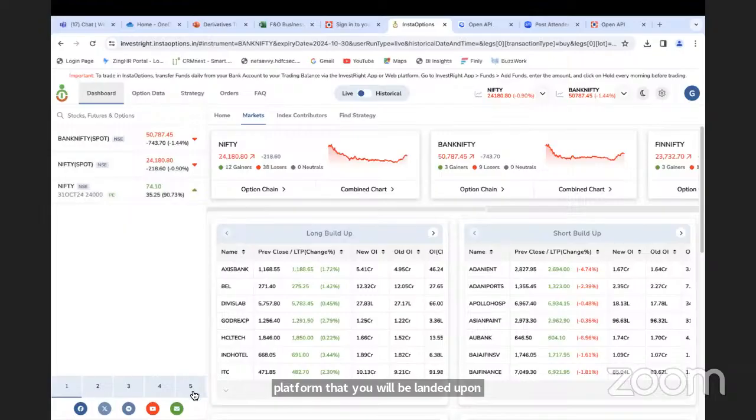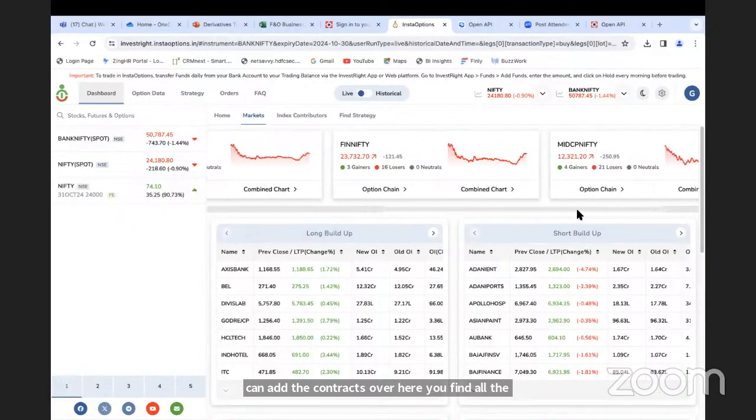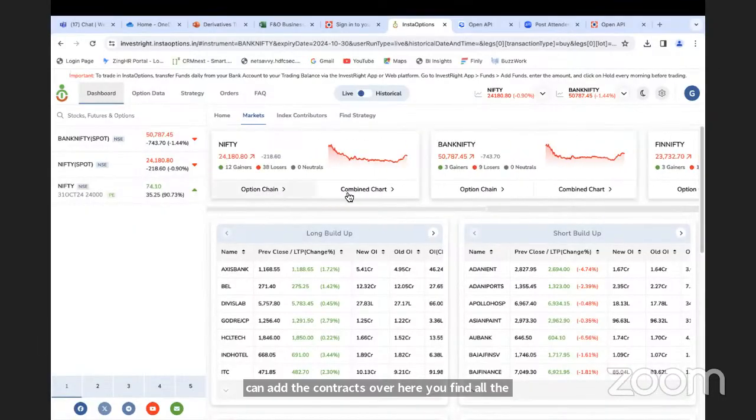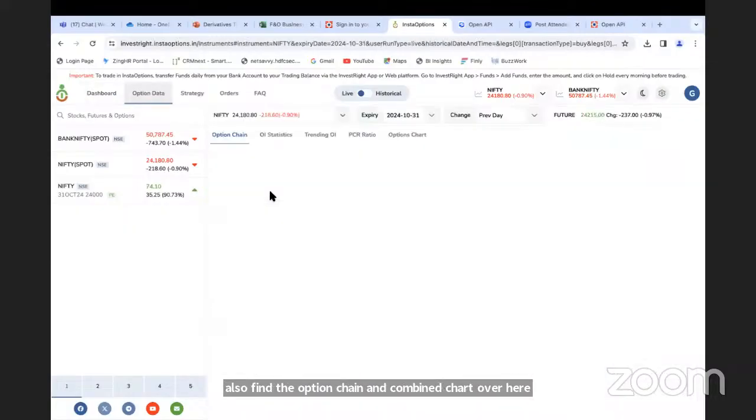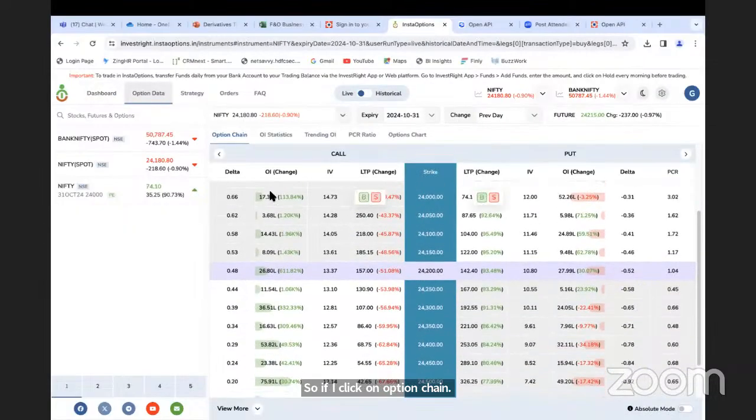Here you find multiple watch lists. You can add contracts over here. You find all the indices: Nifty, Bank Nifty, Fin Nifty, Mid Cap Nifty. You also find the option chain and combined chart over here. If I click on option chain, the option chain will be opened.